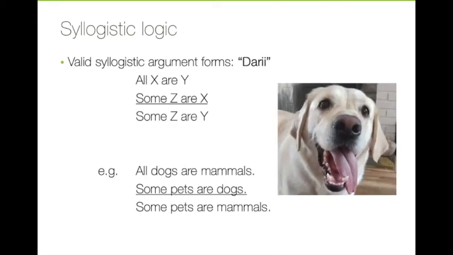Our third valid syllogism is called Darii. This one goes, all X are Y, some Z are X, so some Z are Y. For example, all dogs are mammals, some pets are dogs, so some pets are mammals.